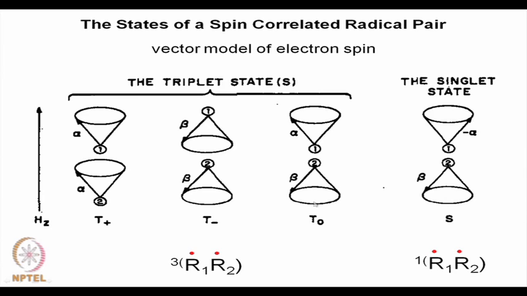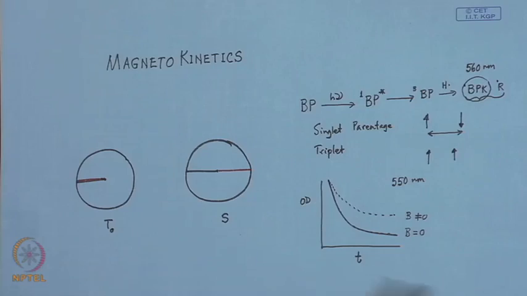That will require flipping of this beta spin to alpha spin. That means you need to change this one to this one. How can that happen? If you can apply an external magnetic field such that it is perpendicular to your internal magnetic field, or maybe there is another magnetic field which is operative in this direction.